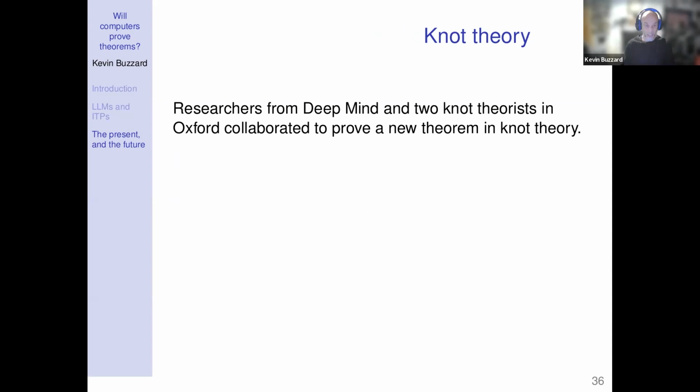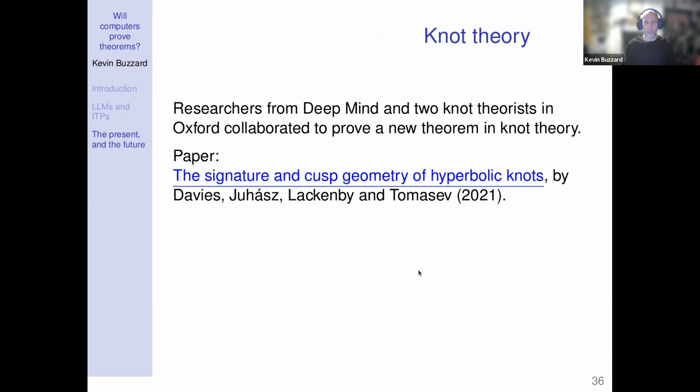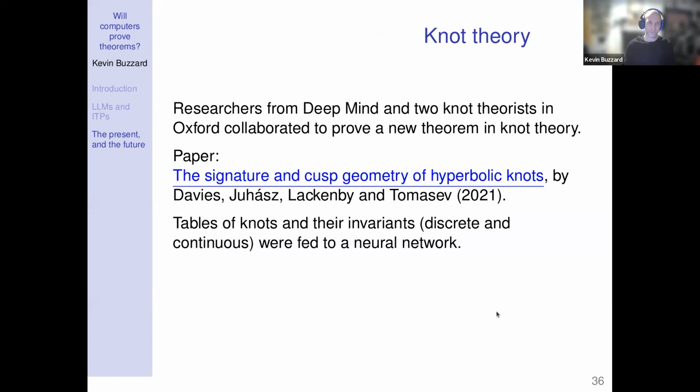First example is some researchers from DeepMind collaborated with knot theorists in Oxford, and they proved a new theorem in knot theory, where the computer and the human collaborated with each other. There's the paper there. So Davies and Tomasev, they're computer scientists working at DeepMind, and Juhasz and Lackenby, they're mathematicians at Oxford.